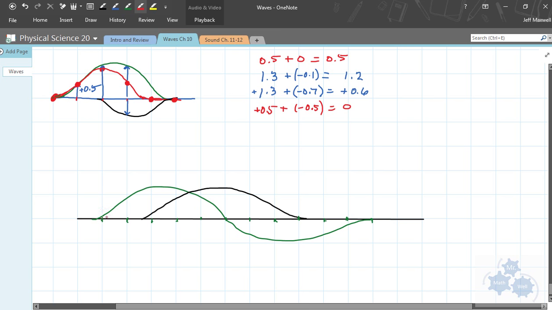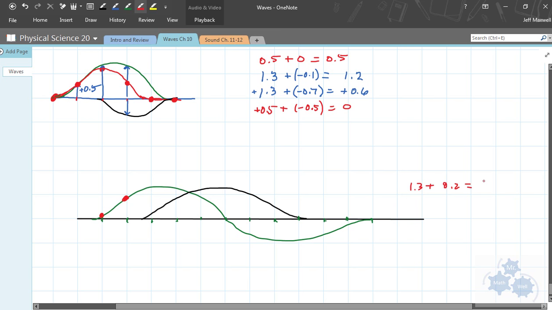So far right here, we only have the green wave, so the resultant wave is just going to be the green wave only. There's no black wave to add on to, right? At this point, though, this one right here, that looks like about a 1.3. So let's say we've got 1.3, and we're adding another positive, maybe 0.2 there.